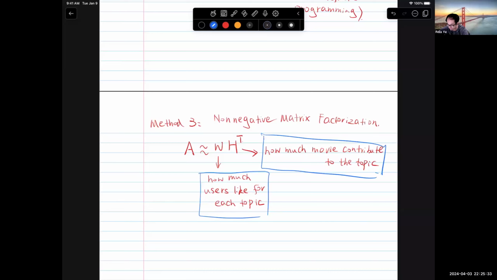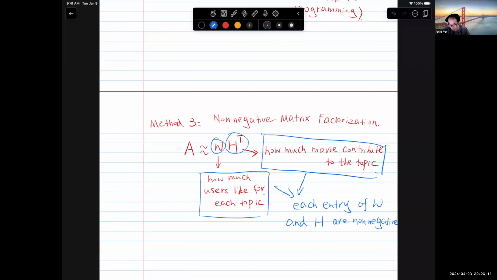Because I want to say how much the user likes those topics, if it is negative, what does that mean? Does that have meaning? The meaning is problematic. So hopefully the solutions for W and H give you non-negative solutions.